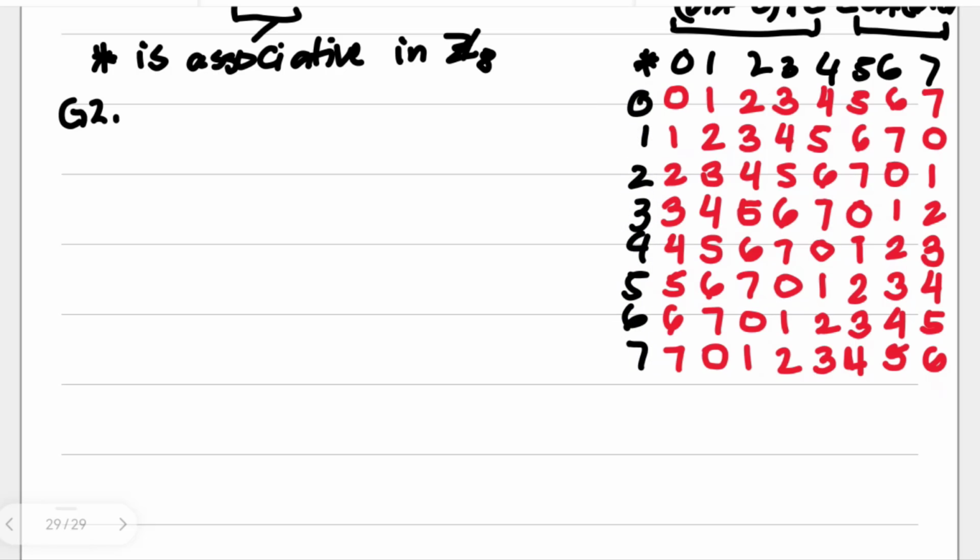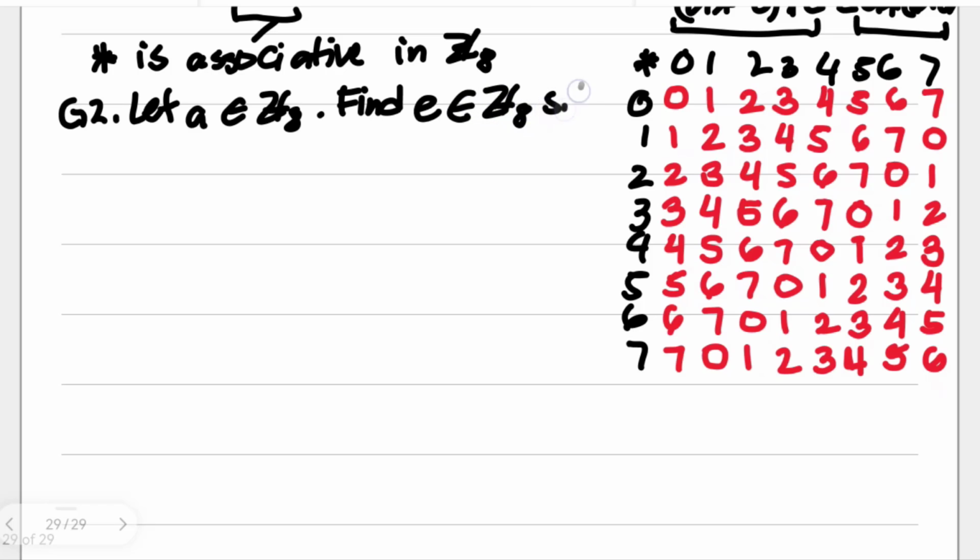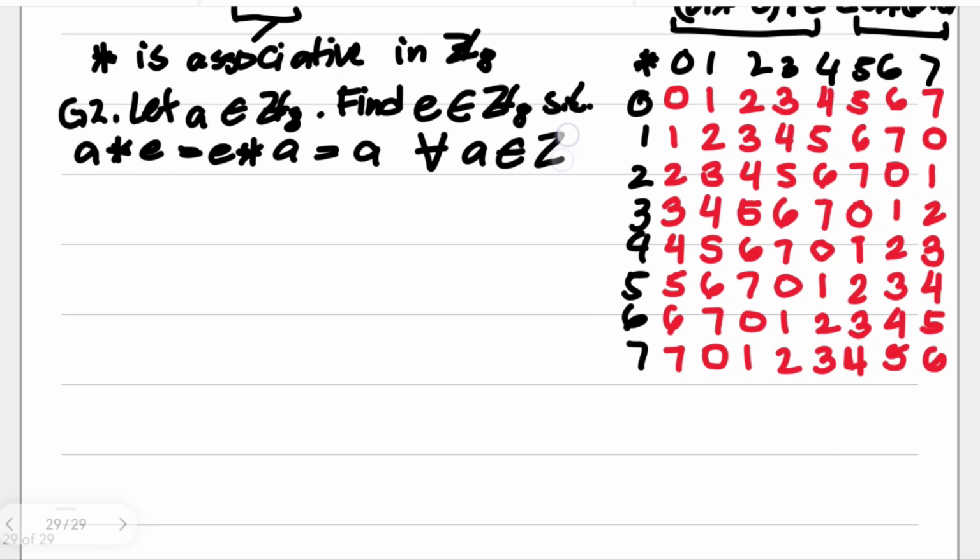So for our G2, what we are trying to do here is, if we let A be an element of our Z8, we need to find a certain E, which is also an element of Z8, such that we could satisfy this condition: A star E is equal to E star A equal to A for all A element of our Z8. We have the same identity for all.